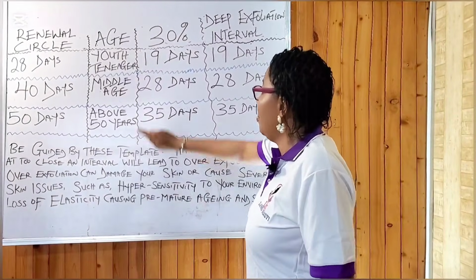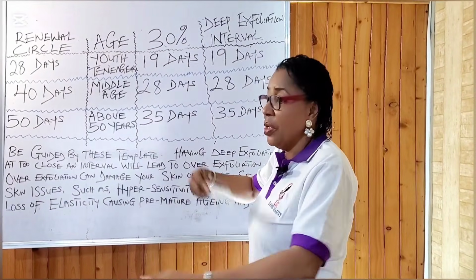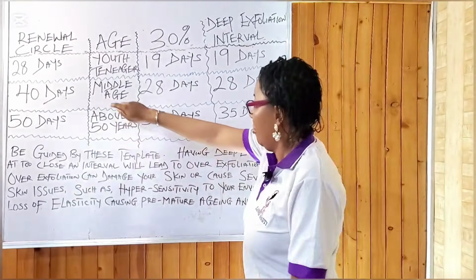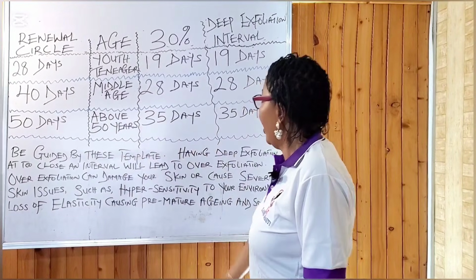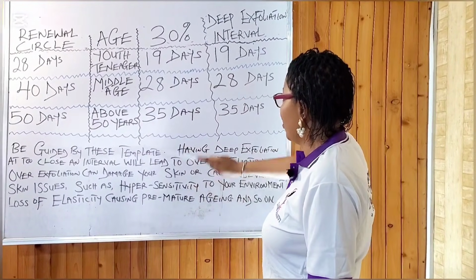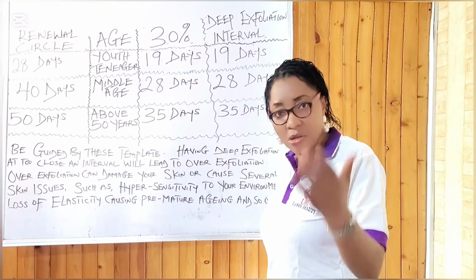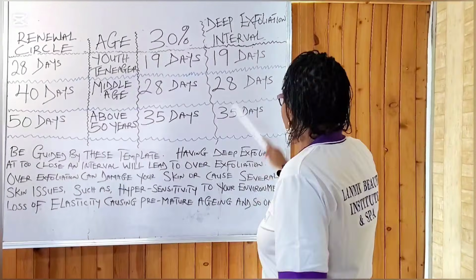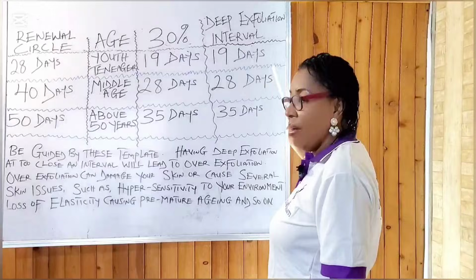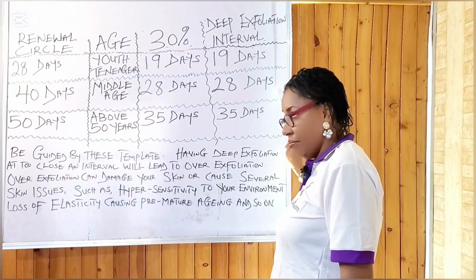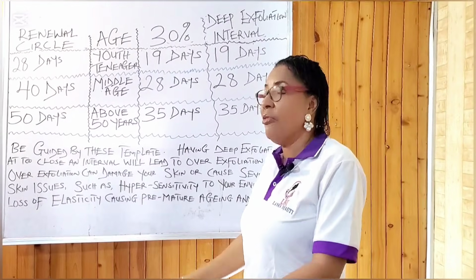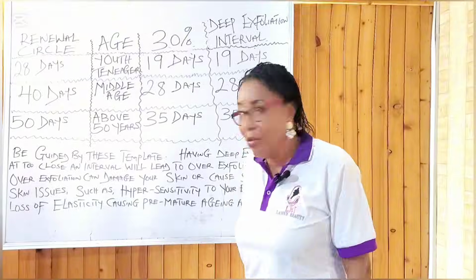If you are middle age, you will renew skin cells in 40 days. With 30%, it speeds up to 28 days. You will no longer need to do another deep exfoliation until 28 days or after. Same goes for those 50 years old and above.